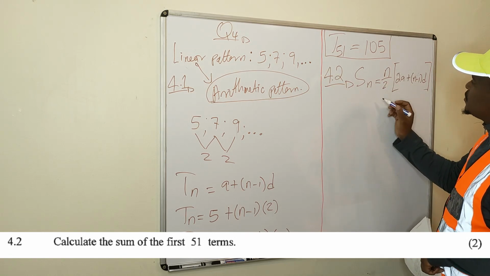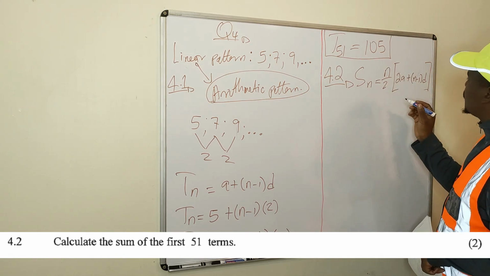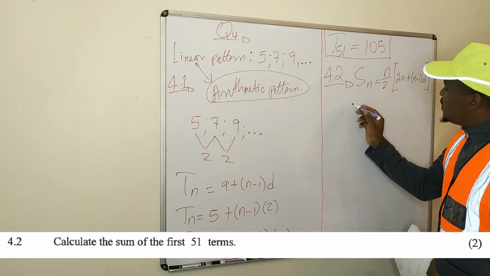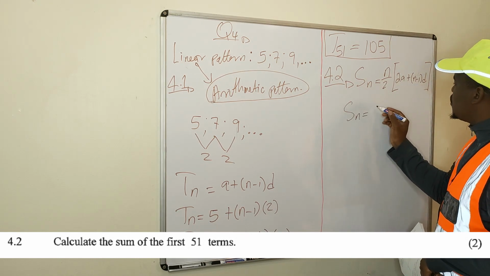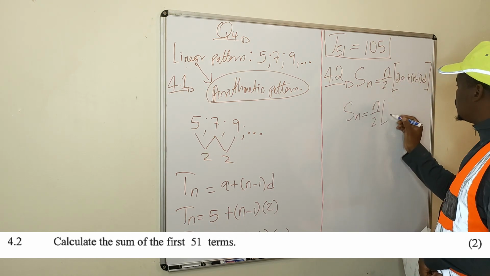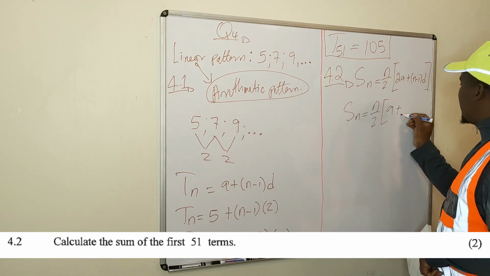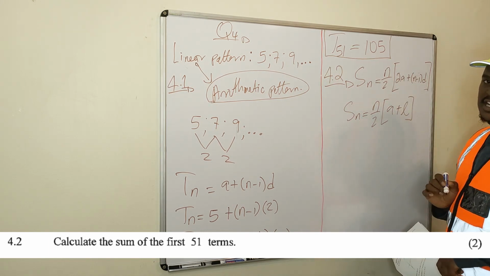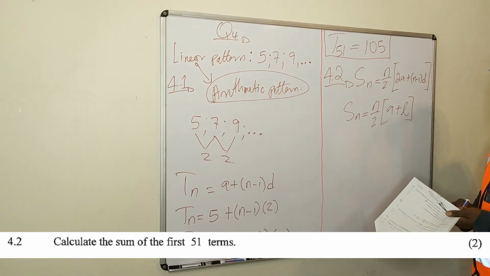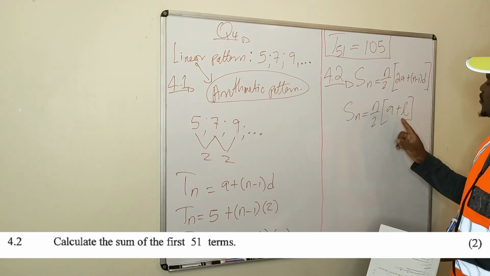This is how you do this. Or say Sn is equal to n over 2 into a plus l, where l is the last term of the sequence.